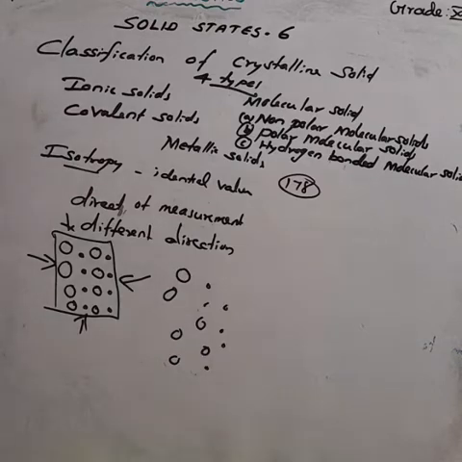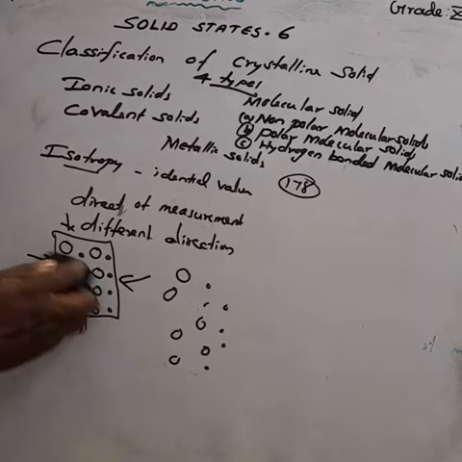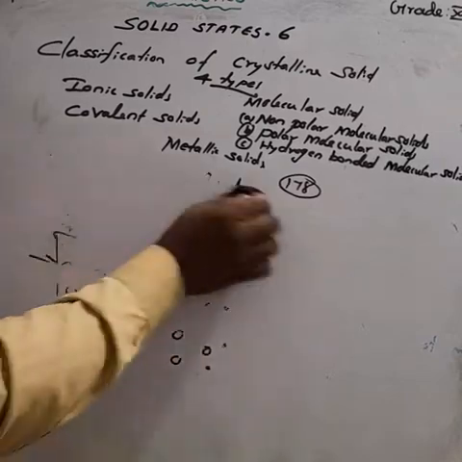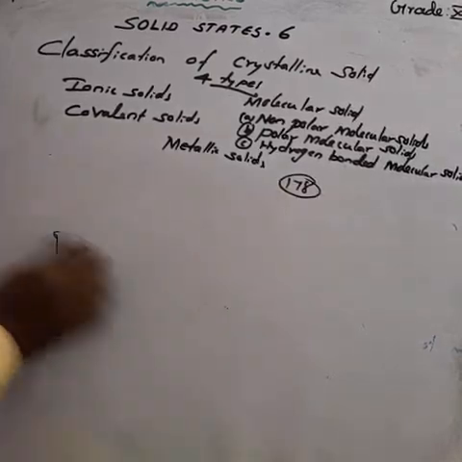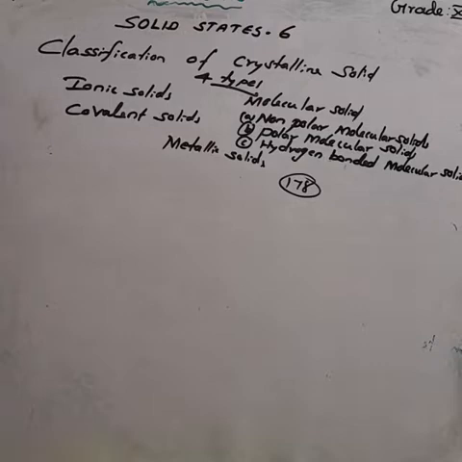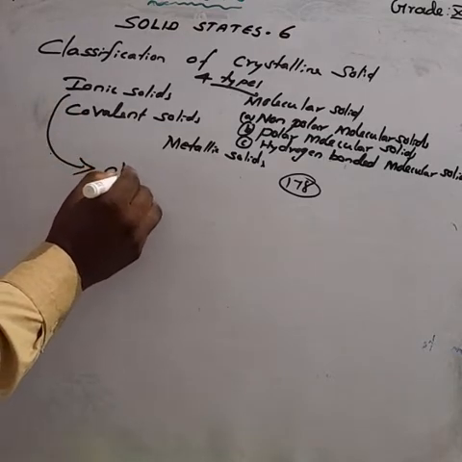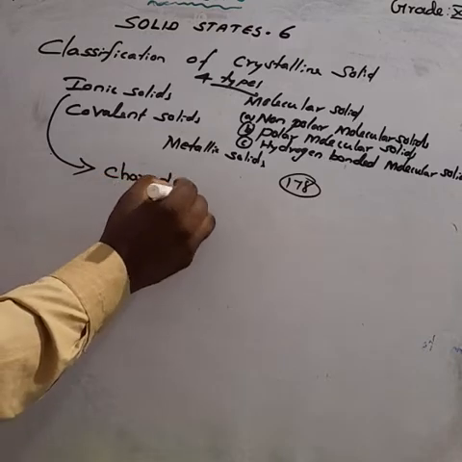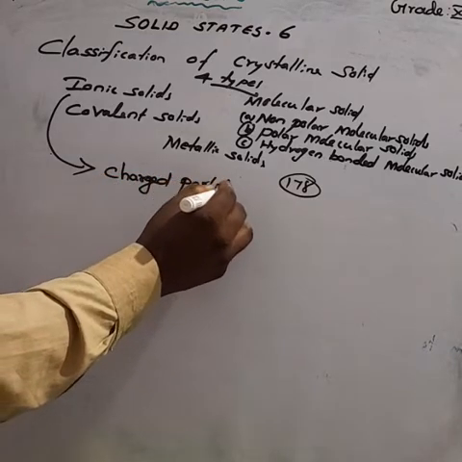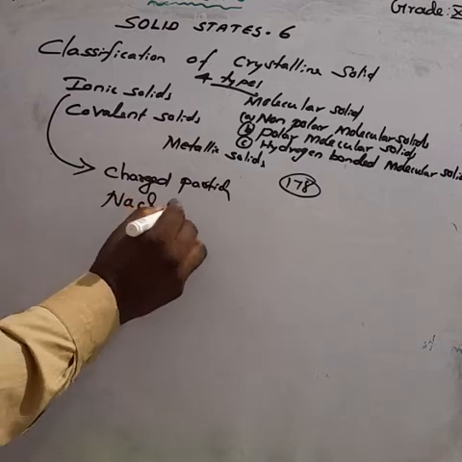Classification of crystalline solid. The first classification is the ionic solid. What do ionic solids mean? All of you know that. They consist of charged particles, that is, cation and anion. For example, sodium chloride, Na plus and Cl minus ions.